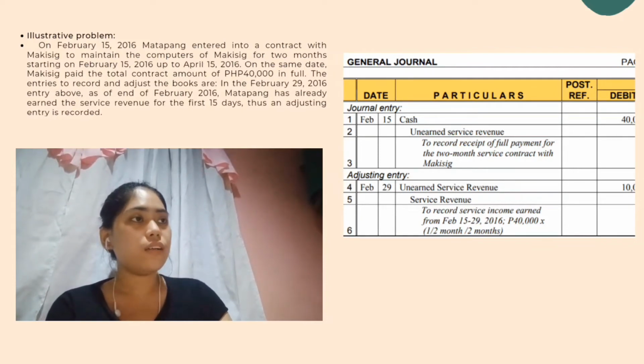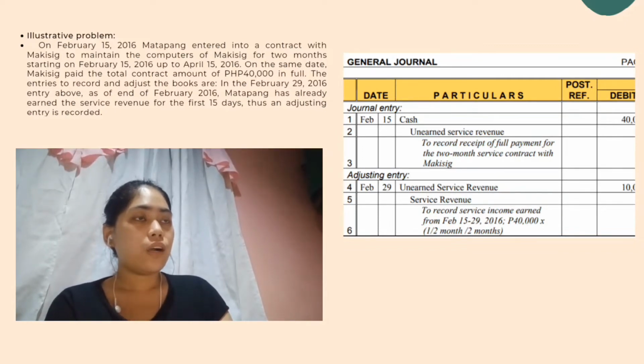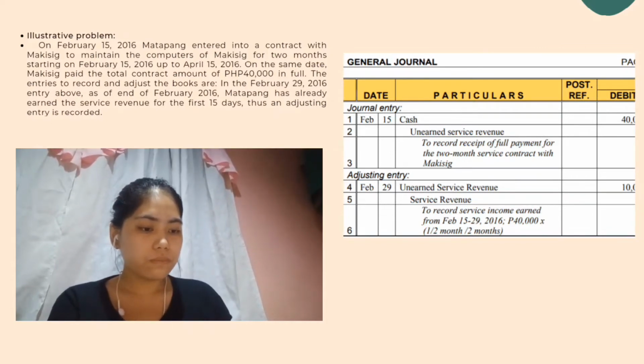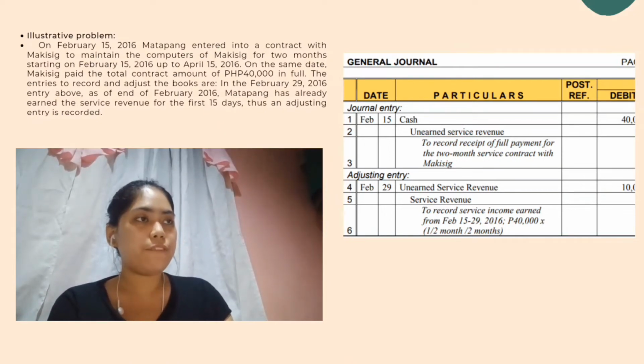So the general journal here in the presentation is for the problem, which is on the date February 15, they have put the 40,000 amount, and then they adjusted the entry on February 29. They put in the particulars the unearned service revenue, which is the 10,000.